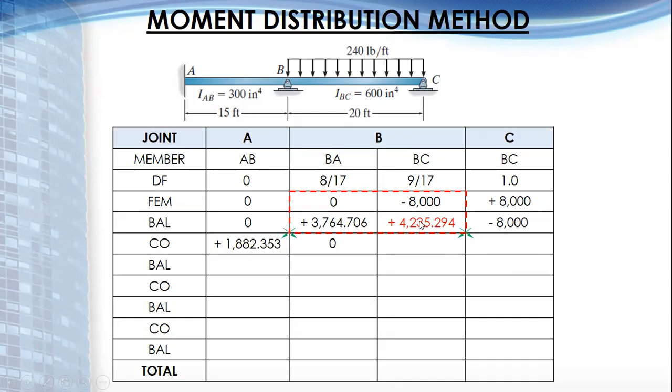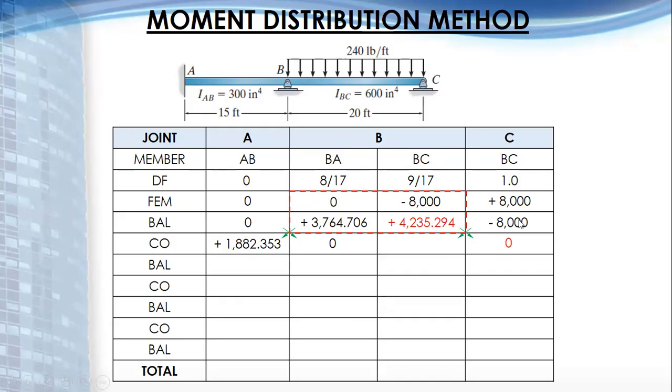So instead na positive 2,100 plus 0 ang carryover for members na modified ang stiffness. This was explained already pag explain sa concept sa MDM.